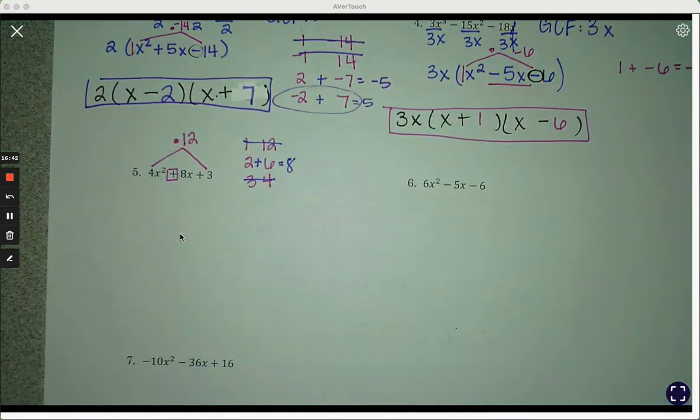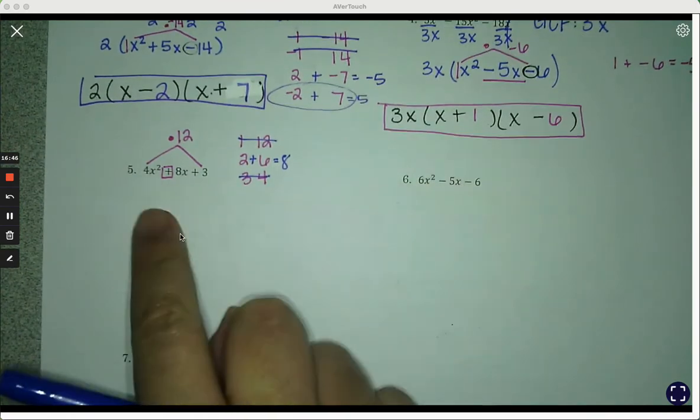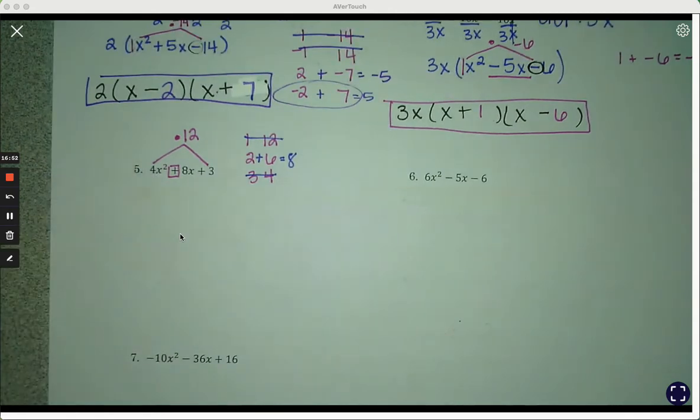So we can't write it like we have been. And the reason why is because we have that 4 hanging out in front and we can't factor it out. So what we're going to do is factor by grouping.